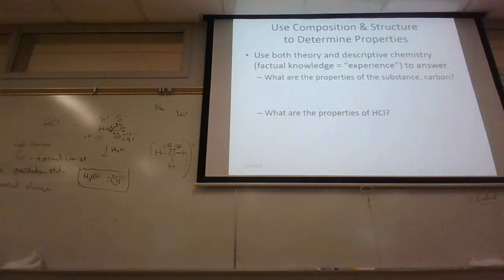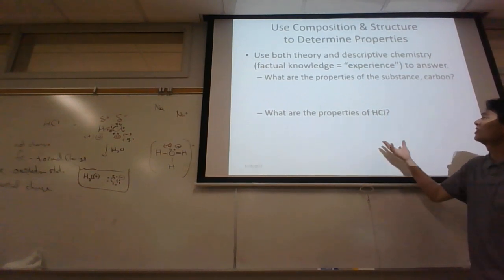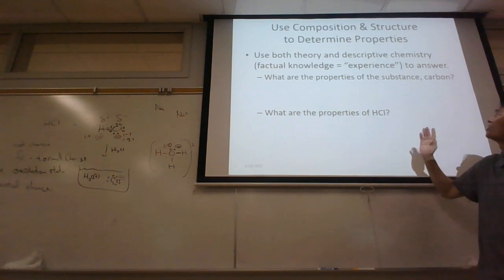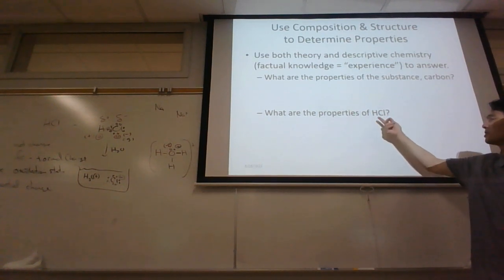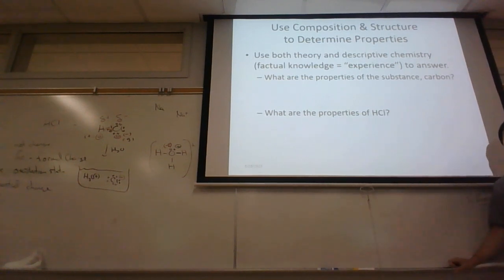Okay, this is the question that I had, and that's going the other direction. Going the other direction, we're going to use the composition and structure to determine the properties. So I know the composition, hydrogen, chlorine. I know the structure, those are the structures. So what are the properties?